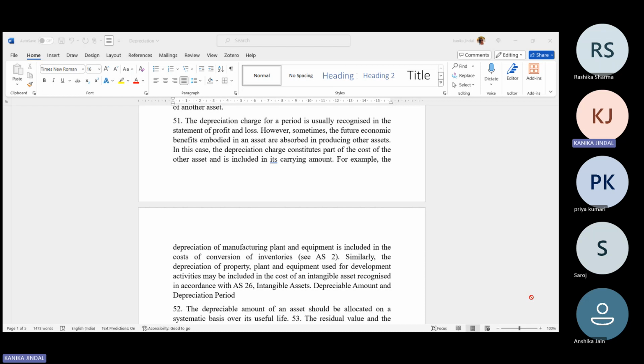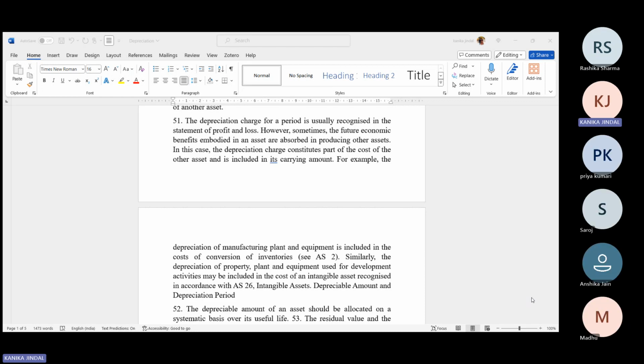Similarly, the depreciation of property, plant and equipment used for development activities may be included in the cost of an intangible asset recognized in accordance with AS26. So AS26 is for intangible assets, provides guidelines for intangible assets, and AS2 provides guidelines about the valuation of inventories.